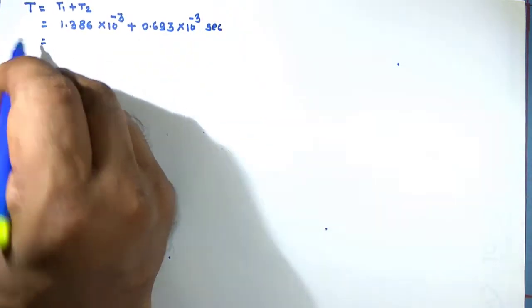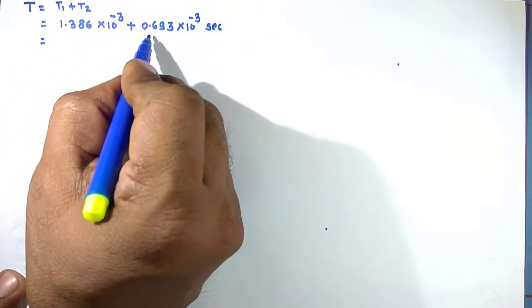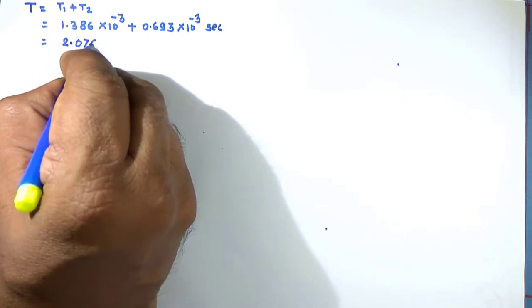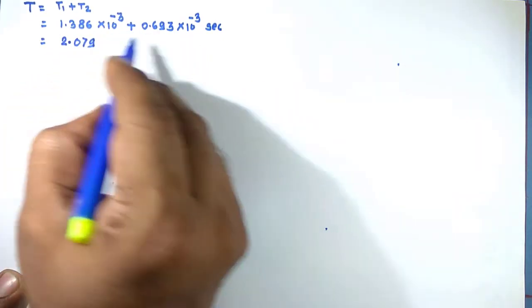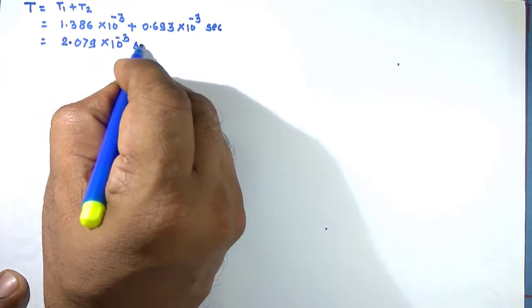So this comes out to be equal to 1.386 plus 0.693 is 2.079. 10 raised to minus 3 can be taken as common. This is 10 raised to minus 3 second.